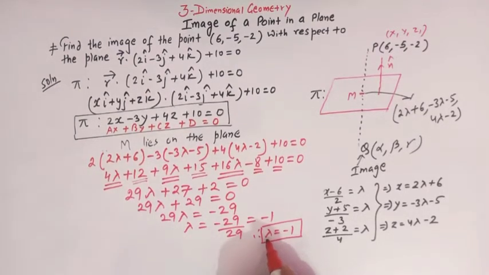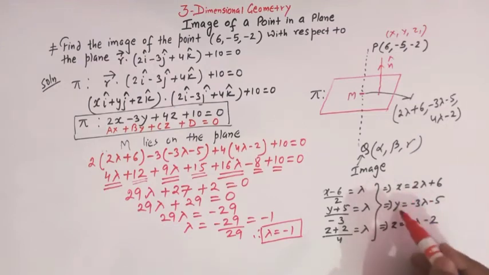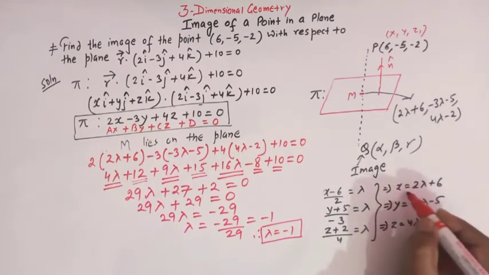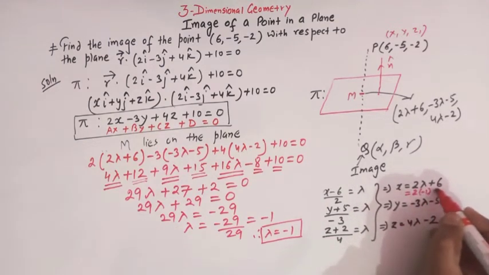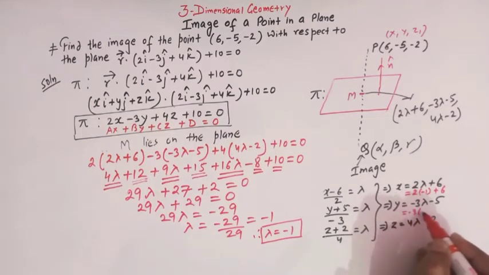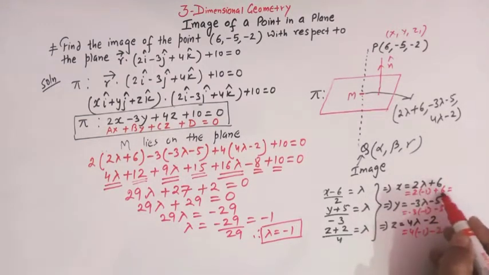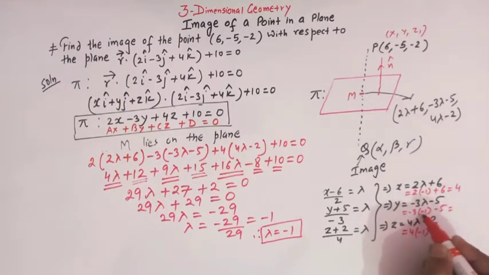So now we can substitute the value of lambda equal to -1 in these three expressions to get the value of x, y and z. So here we have 2 times -1 + 6, here we have -3 times -1 - 5, and here we have 4 times -1 - 2, and this is -2 + 6, that is 4, and this is minus minus plus, so 3 - 5 is -2, and here -4 - 2 is -6.